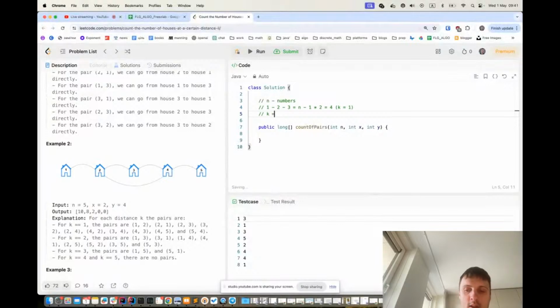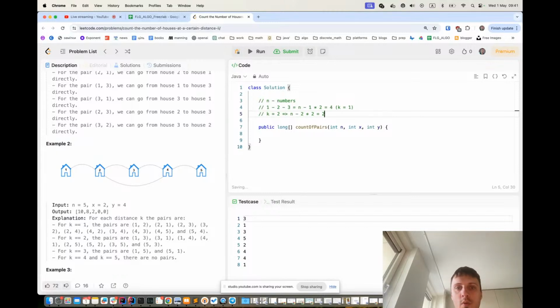Then for k equal to 2, we have probably n minus 2 multiplied by 2. So in this case, 1 multiplied by 2, we have 2.